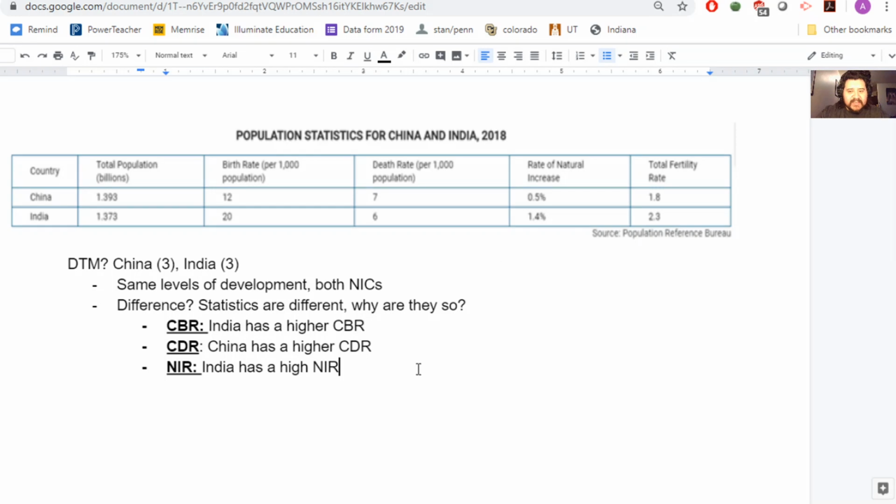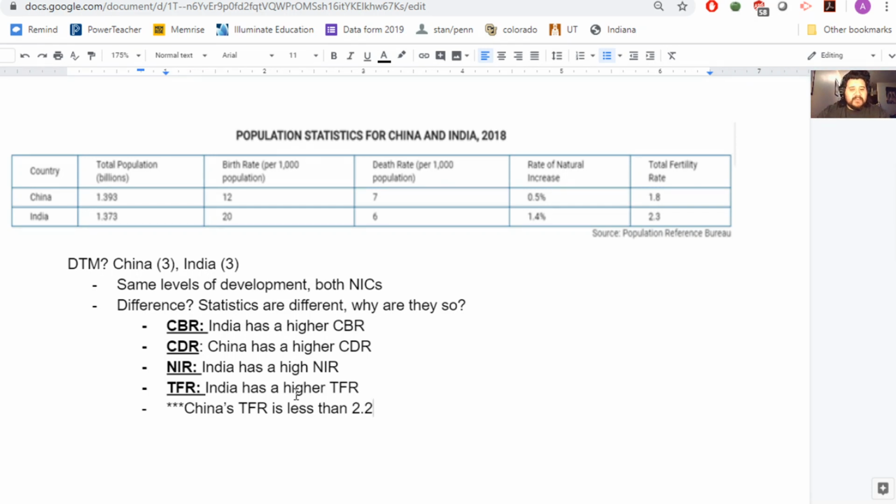As far as fertility rates go, my TFR, looking at the same thing, differences, similarities. It looks like China has a fertility rate of 1.8, and India has a fertility rate of 2.3, right? So India has a higher TFR, higher total fertility rate. But the other thing to note here is that China's TFR is less than 2.2, right?